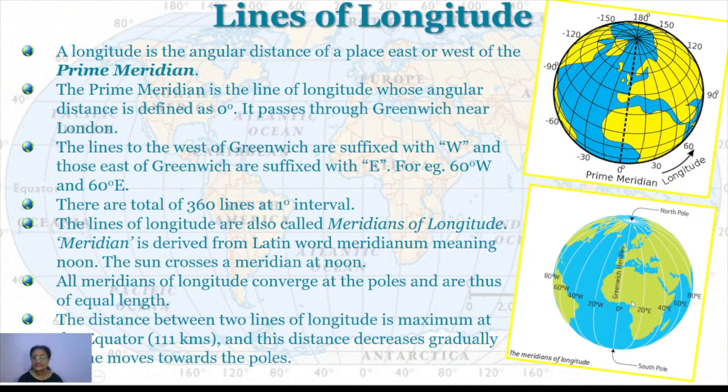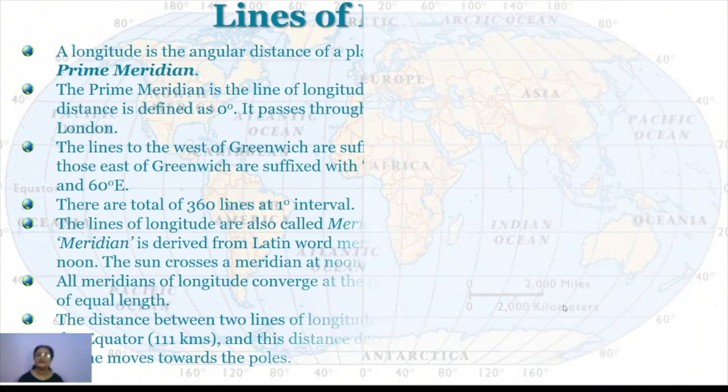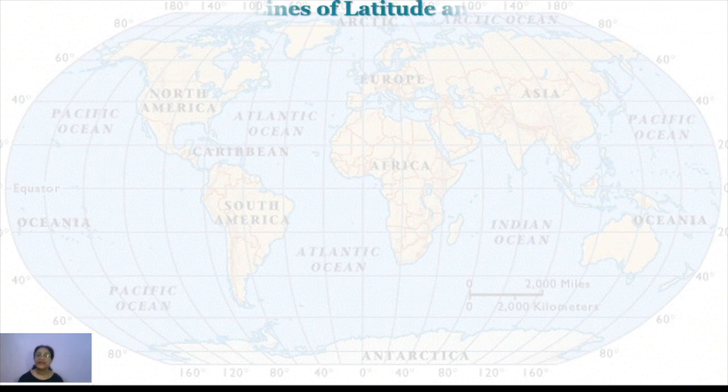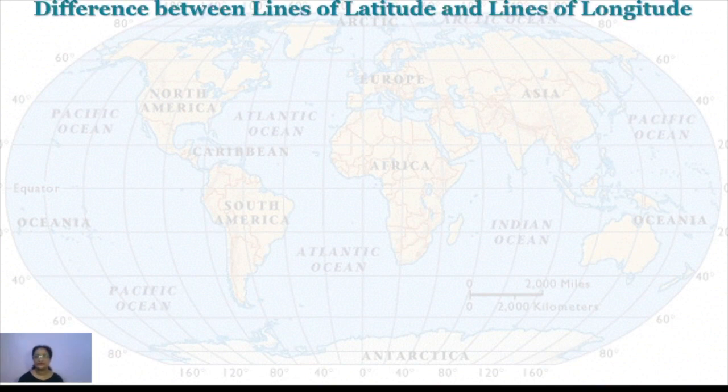And what is this distance? At the equator, the maximum distance we can find is exactly 111 kilometers. But this distance decreases gradually as we go from the equator towards the North Pole or the South Pole. So these are the important features of the lines of longitude.